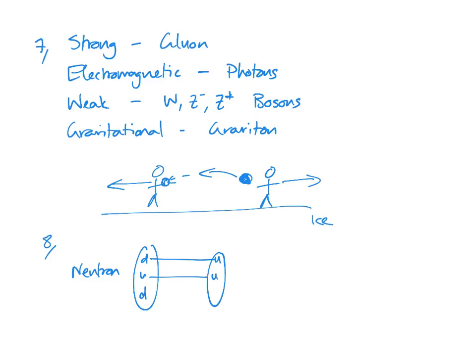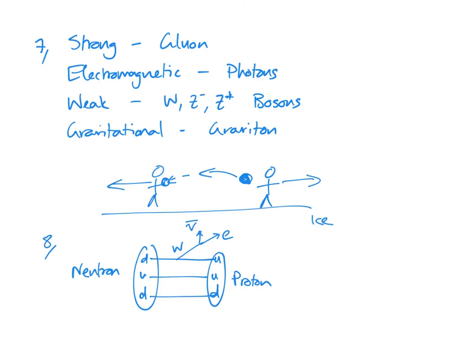That up continues as an up, that down continues as a down, but that then leaves you a proton. And it does that involving a W particle, which in turn splits to produce an electron and an antineutrino.